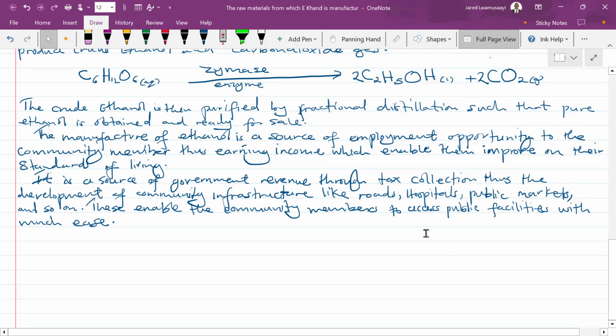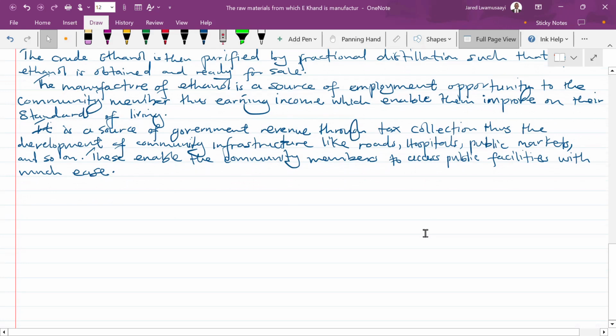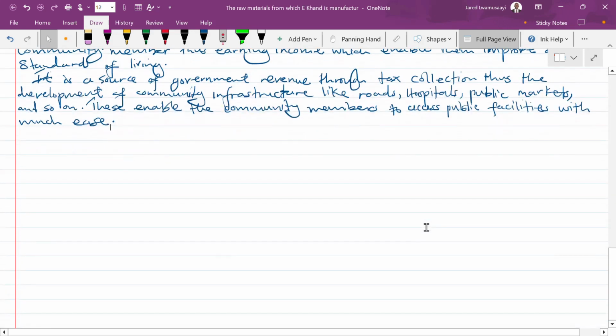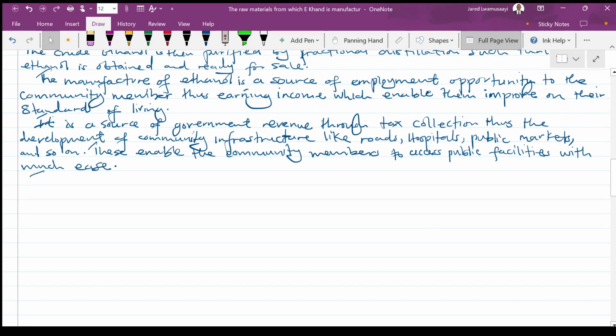This enable the community members to access public facilities with much ease.